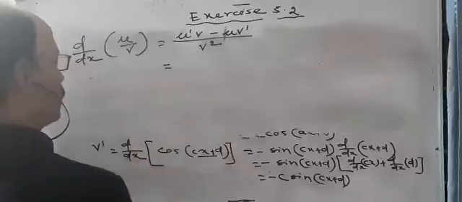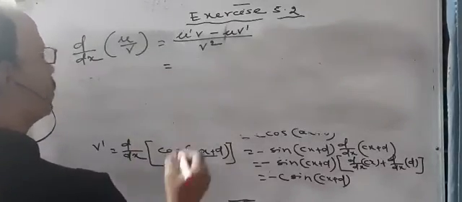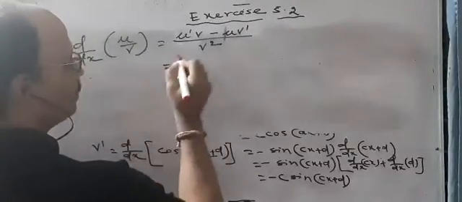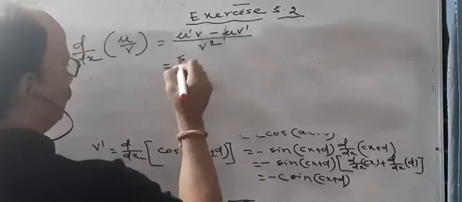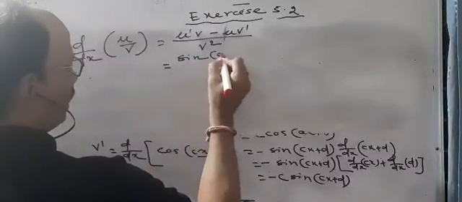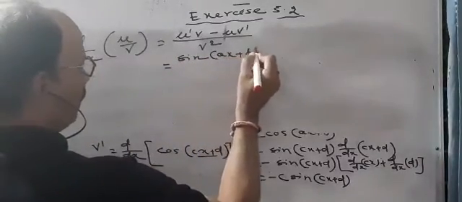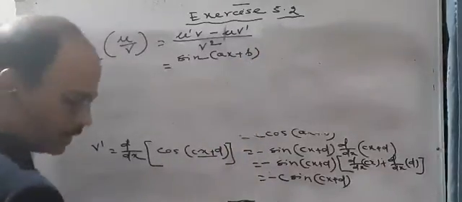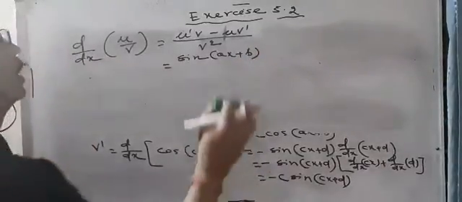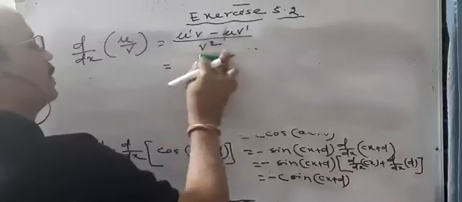Okay, so what is u? We took u as sin ax plus b, and here we have to take u dash.